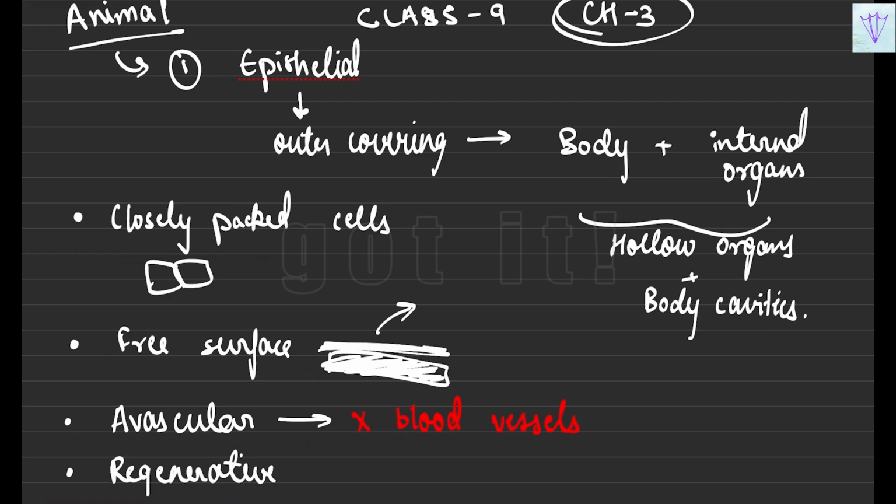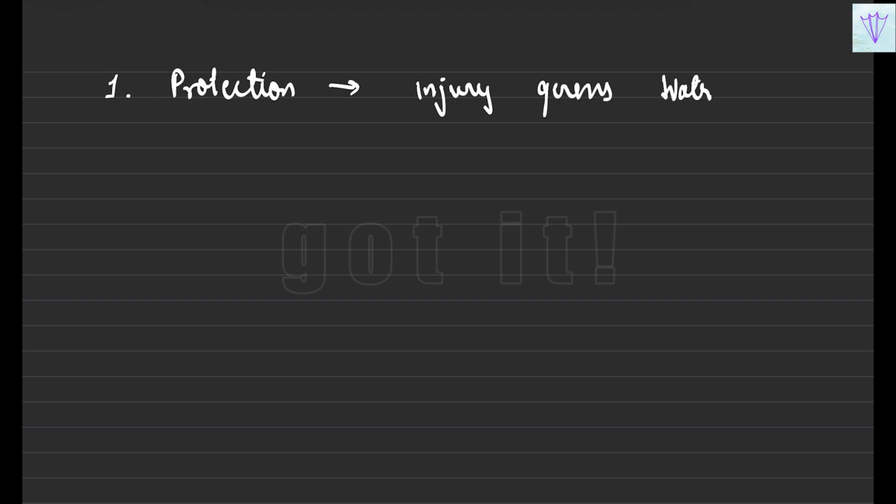So next we'll be studying about the functions. The first function is protection. Because it is the outer covering, it protects the underlying tissues from injury, germs, and water loss.